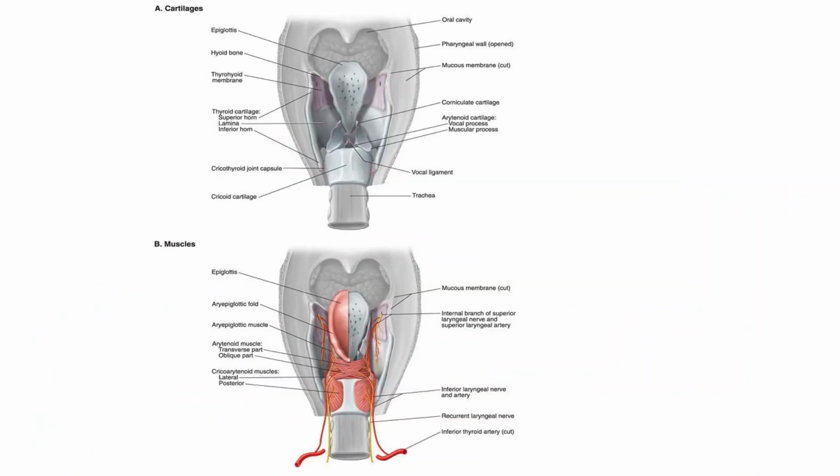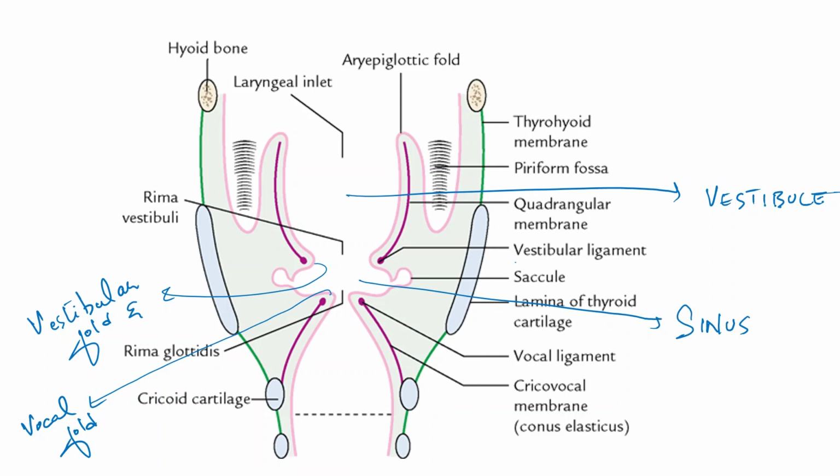Now, this is that part of the larynx which is devoid of membranes on either side, that is the quadrate membrane above and the cricovocal membrane below.